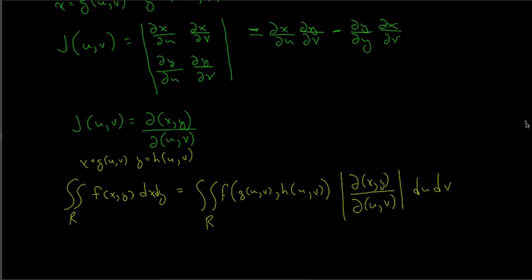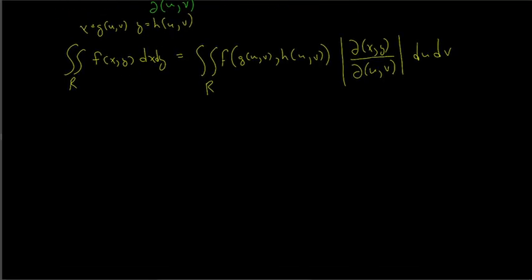Let's look at an example of a Jacobian we can use. So let's look at transforming a coordinate system where x is r cosine theta and y is r sine theta. And we want to look at the integral in some region R of some function f of xy dx dy.